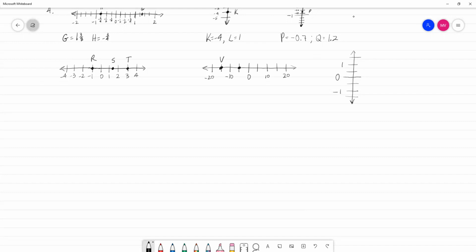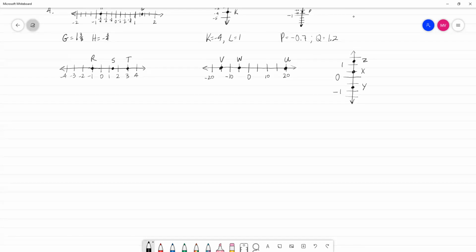W and U. And then on the vertical one, we have Y, Z, X, and what's that one? -1. Right here is Y. Okay.